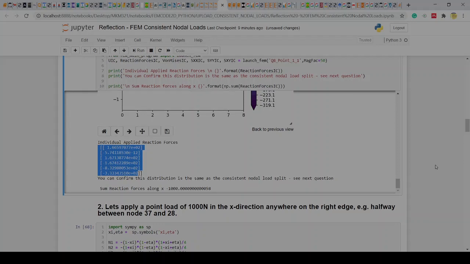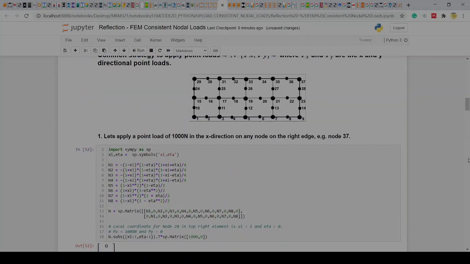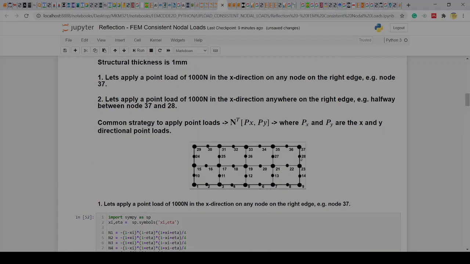So what happens now if I want to apply load halfway between 37 and 28? We know that here eta is equal to 0, and here eta is equal to 1.